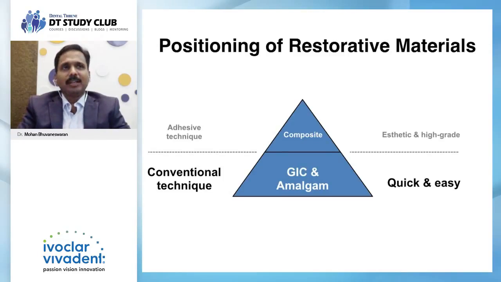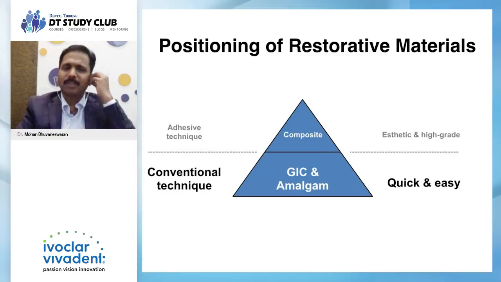So can we classify dentists into those who work on composites and those who work on silver amalgam and GIC? No, I cannot do that. Probably you would think of me as a higher end dentist who practices only composite and says no to GIC and amalgam. No, that cannot happen.